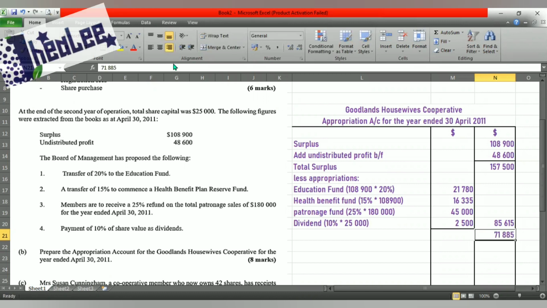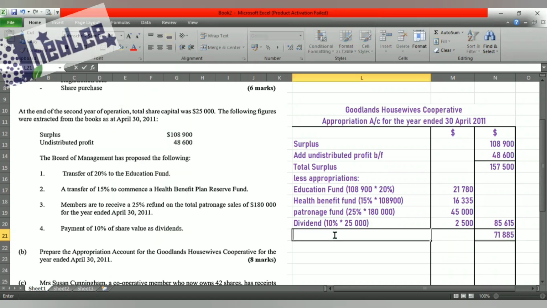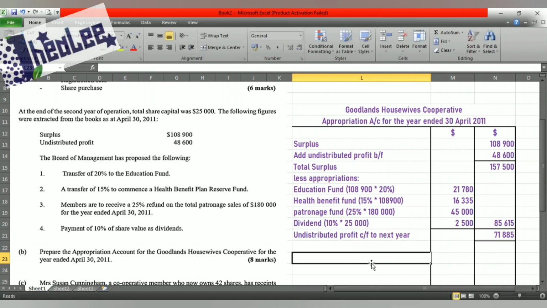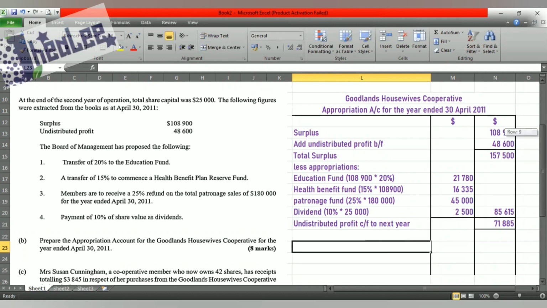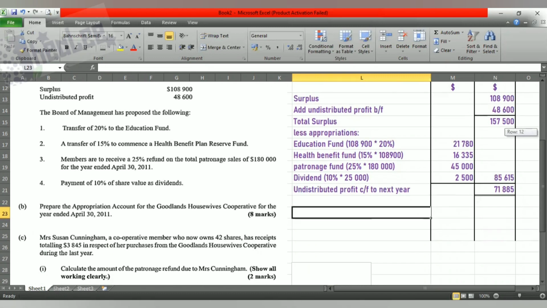Now, that figure represents our undistributed profit carried forward to next year. And we have completed the appropriation account for Goodlands Cooperative based on the information that was provided. So part B is completed.